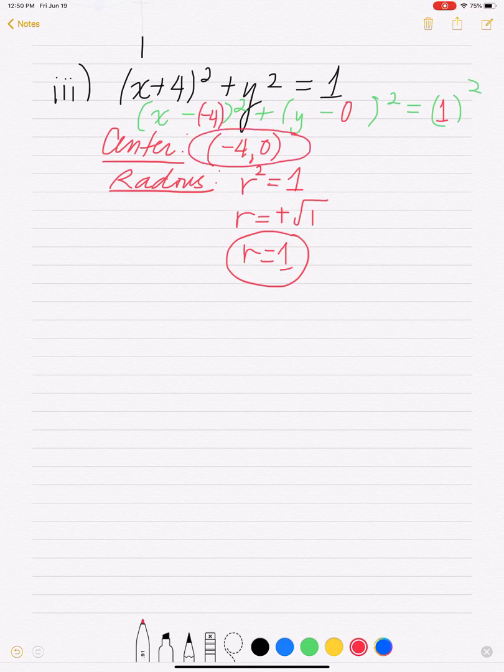And you plot that. You go 1, 2, 3, 4, negative. And you got to make sure you go out. Plot a point. There I go, I plotted my point. That's -4, 0. Then you got to go out in all cardinal directions, 1 unit.